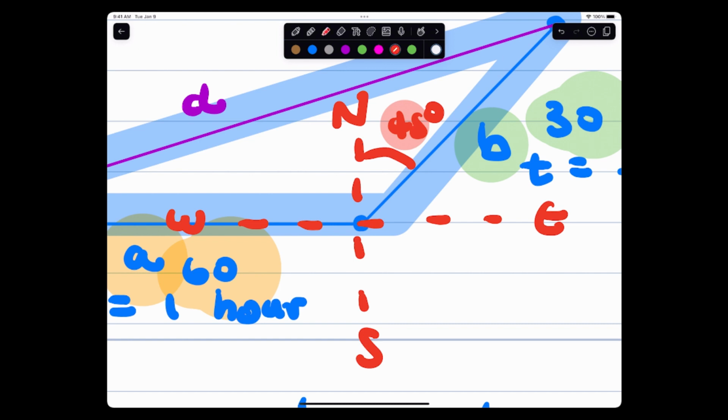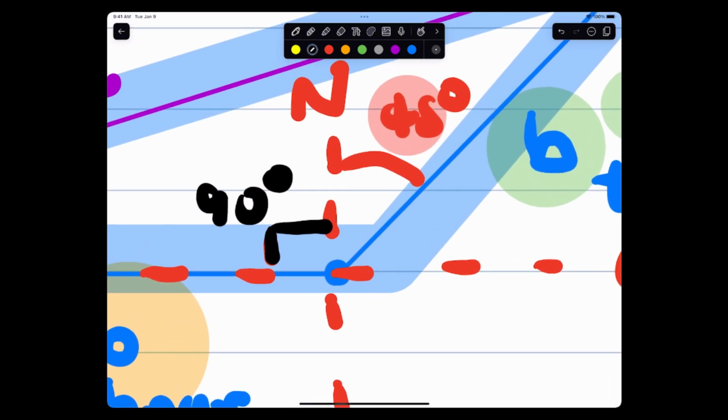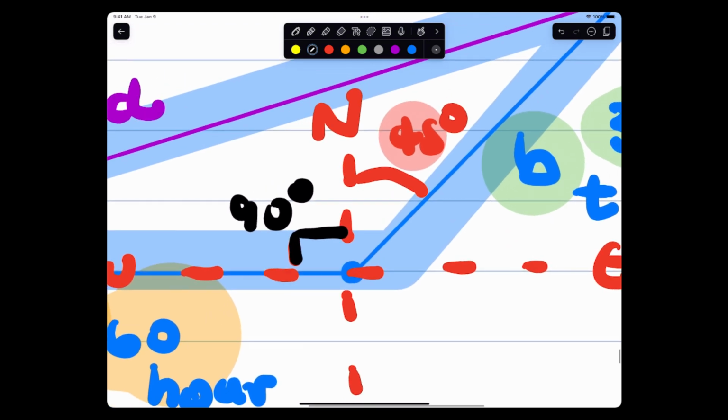Now, these lines intersect, these lines are perpendicular. That means there's a square there. Maybe I got to change the color. That means this here is a 90-degree angle, that corner there. Okay, you guys okay with that? So that blue angle is found by taking what?